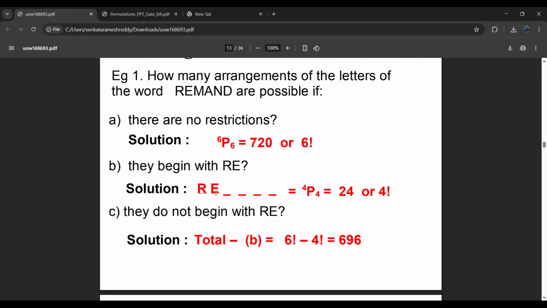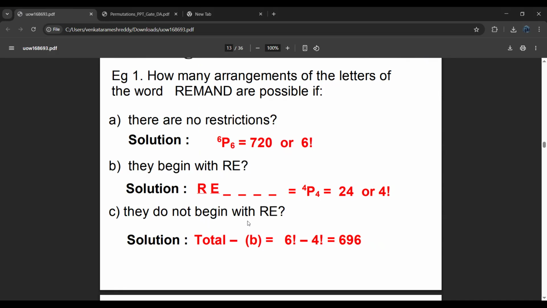Already two places are fixed. So how many arrangements are possible for these four? Don't go with 6P4 because already two are gone, remaining four are there. In how many ways can these four letters be arranged in four blanks? 4P4 or 4 factorial.